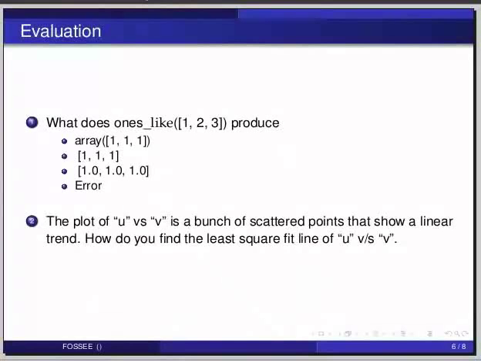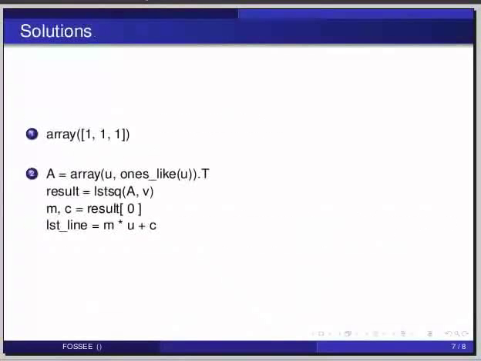And we'll look at the answers. The function ones_like of [1, 2, 3] will generate array([1, 1, 1]). So that is the first question's answer. And for the second one, the following set of commands will produce the least square fit line of u versus v.